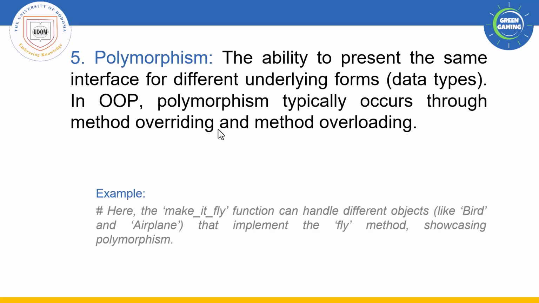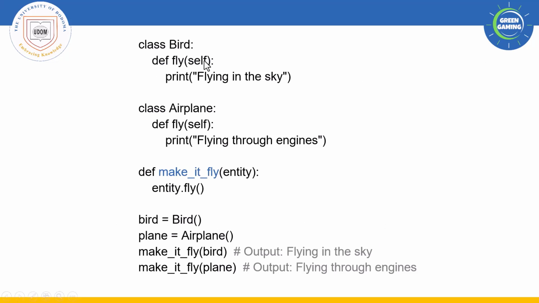So here the make_it_fly function can handle different objects like bird and airplane that implement the fly method, showcasing polymorphism. We have a class called bird. A bird can fly, but also an airplane can fly, right? So we can have a superclass with a method called fly.